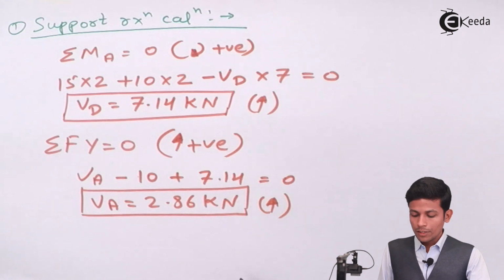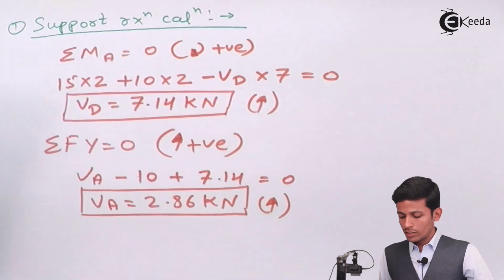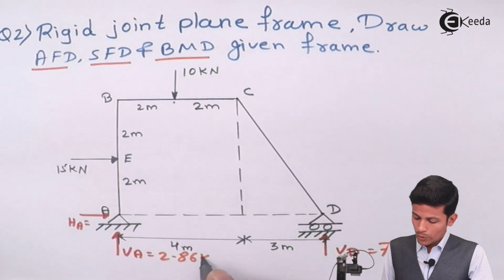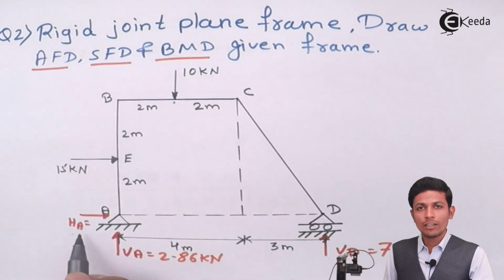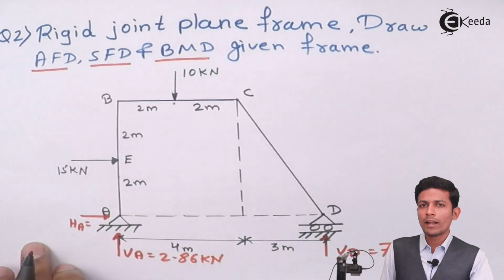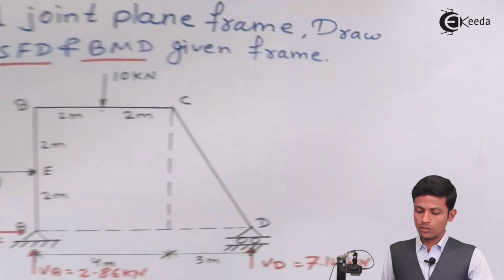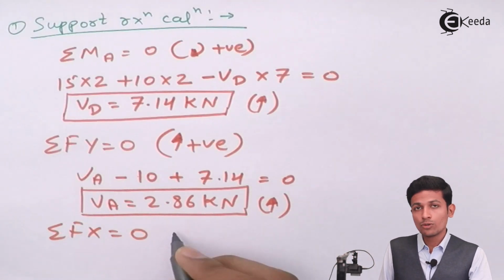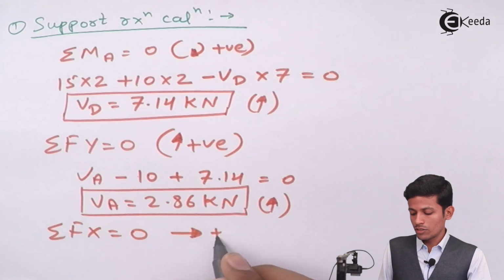Now what is unknown for us? HA. How will you find this? To find H, always apply summation Fx equal to 0.